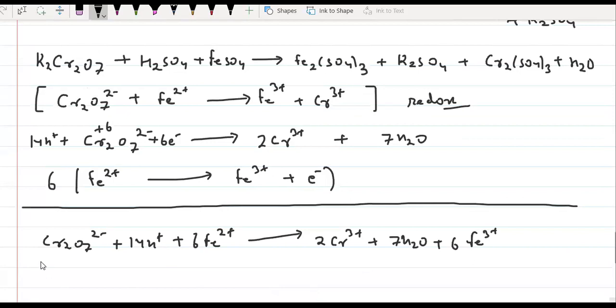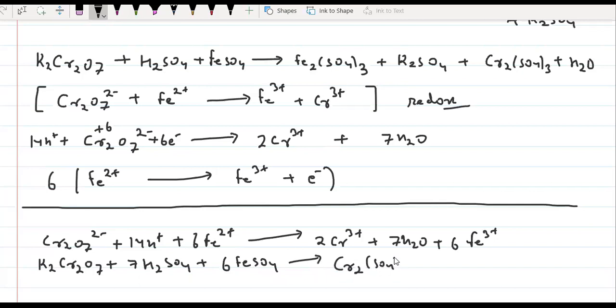So this is K2Cr2O7, plus this is H2SO4. 14, so it should be 7 H2SO4, plus Fe is SO4, so it is 6 FeSO4, gives now 2 Cr, and this is Cr2(SO4) whole thrice, plus 7H2O plus Fe3 plus. Now it is Fe2(SO4) whole thrice.